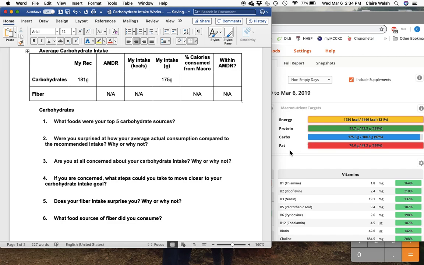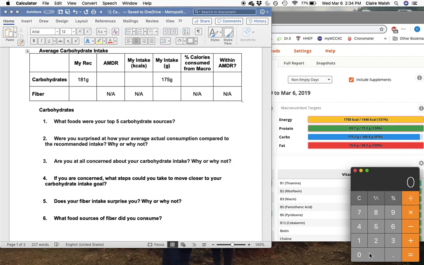Now I need to convert my grams of carbohydrate intake into calories. Hopefully, those of you who've been paying attention know that there are 4 calories per gram of carbohydrate. So I'm going to take 175 times 4, 700 calories eaten on average over those 3 days from carbohydrates.